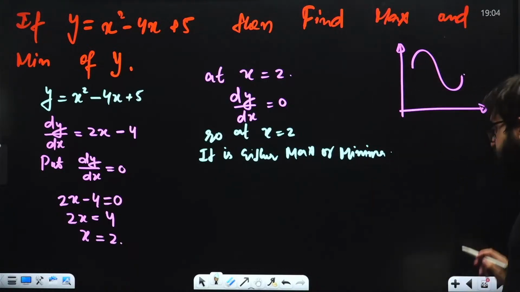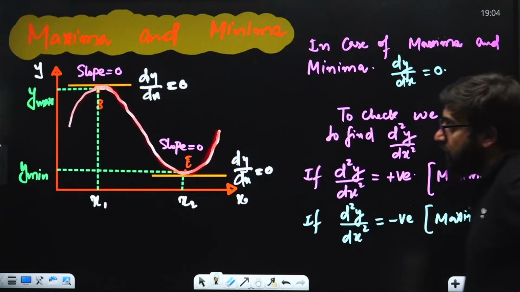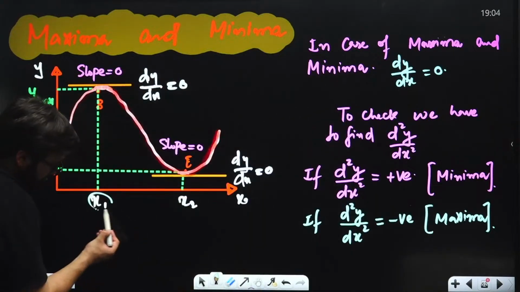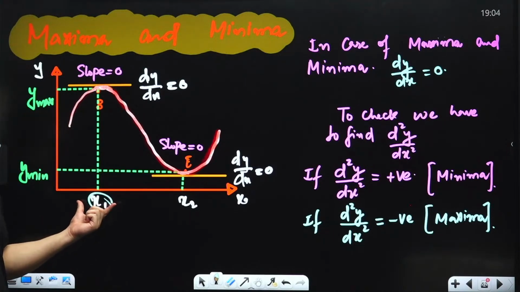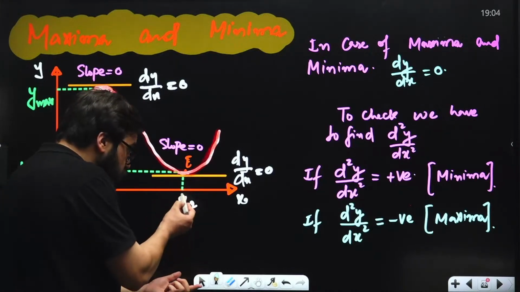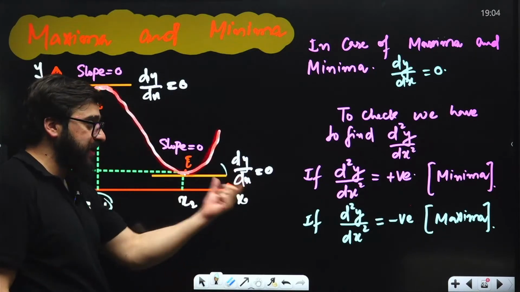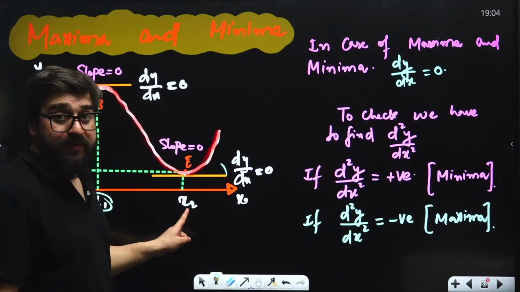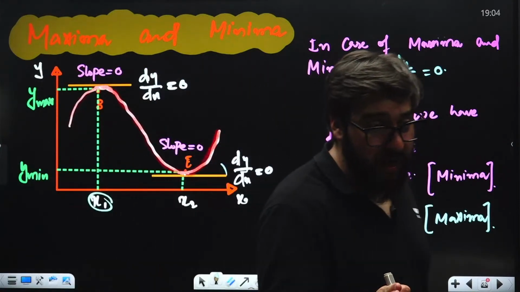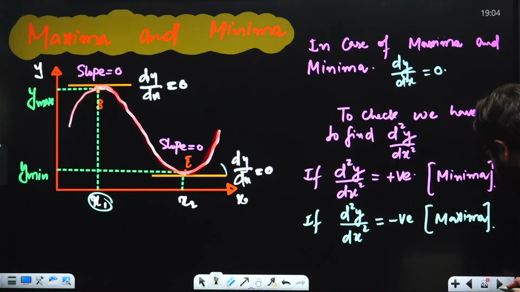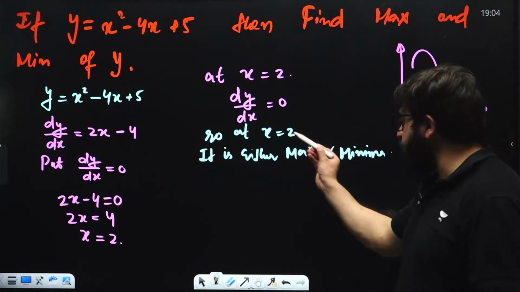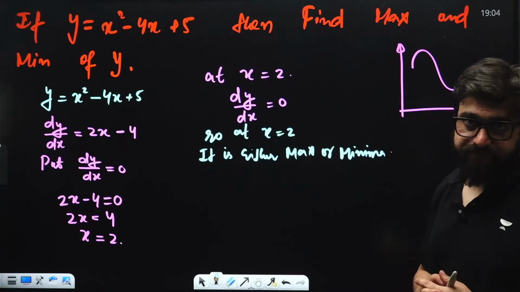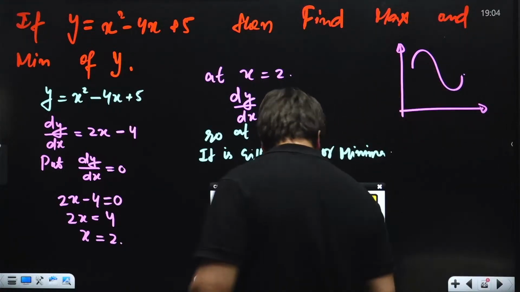Like over here, at x1 in this particular case, dy by dx is 0. Means at x1, it can be either maxima or minima. Similarly, at x2 also, slope is 0, dy by dx is 0. So at x2 also, it can be either maxima or minima. We don't know. Now, how do we find?